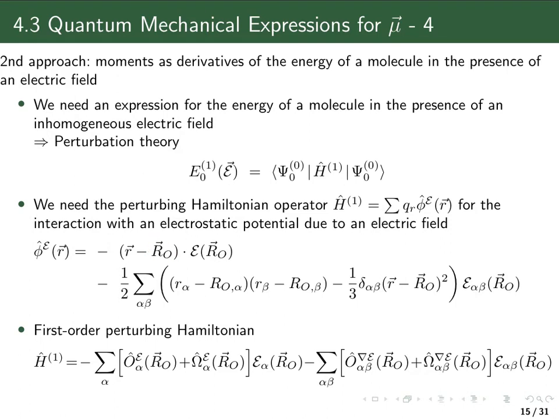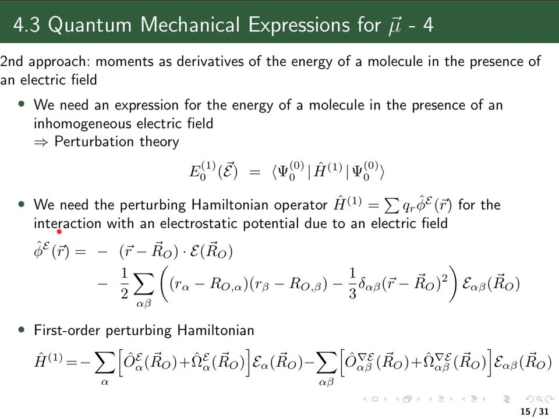And the next term was where we had the electric field gradient, the derivative of the electric field with respect to x, y, z coordinates, multiplied with essentially the position vector of our particles squared. But again, the position vector always with respect to this origin.